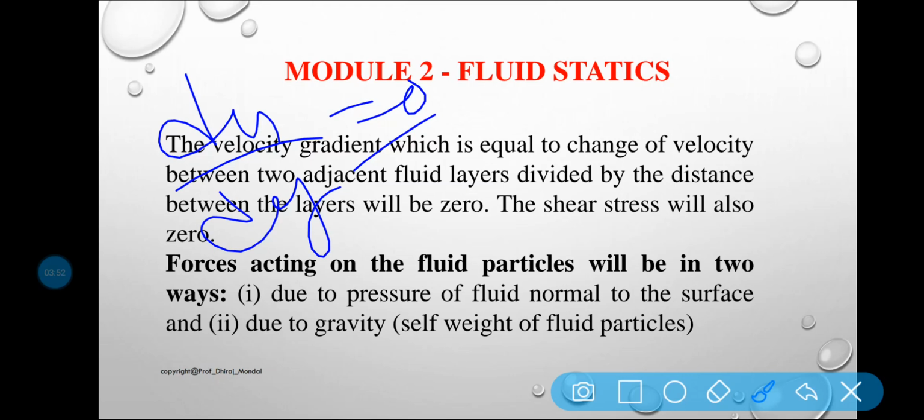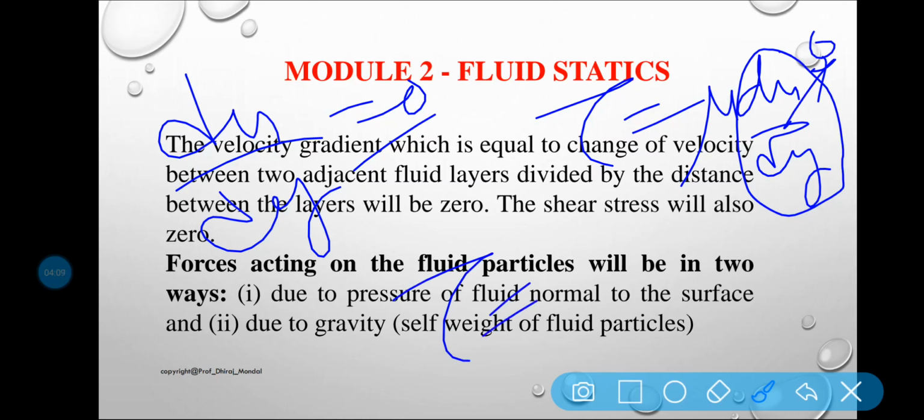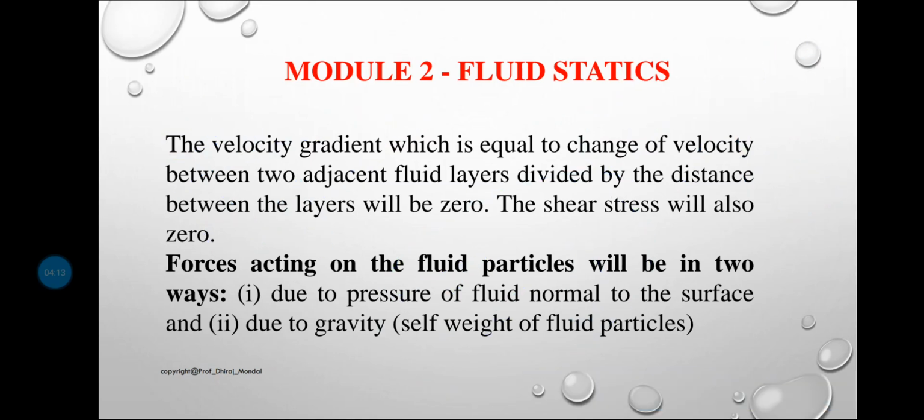Clear? Now come to the point. The shear stress, as you know, is equal to mu into du by dy. As du by dy is equal to 0, automatically we can say that tau is equal to 0. Am I right? So the shear stress will also be 0 in case of the fluid at rest.